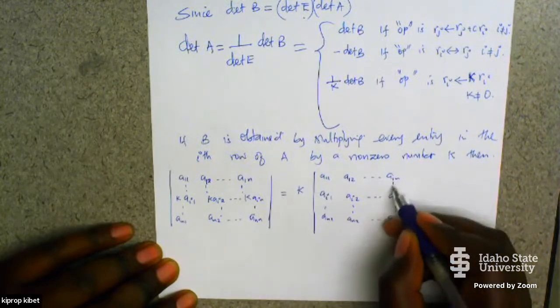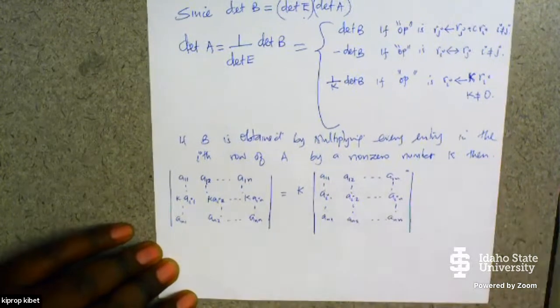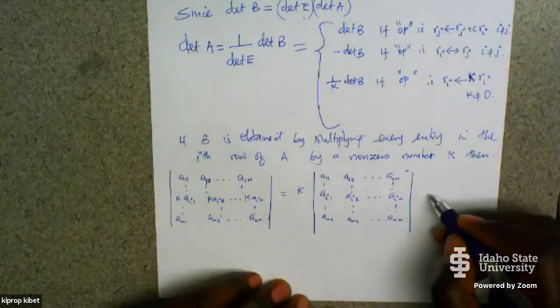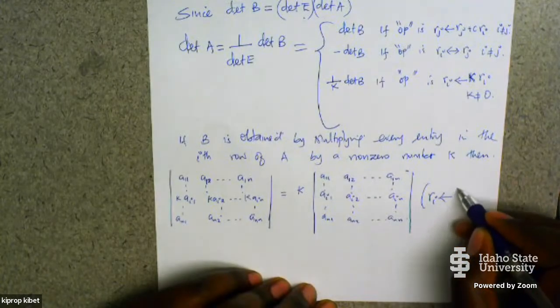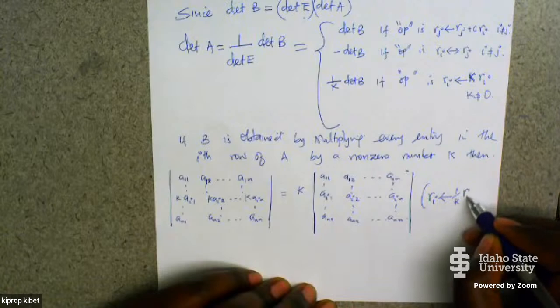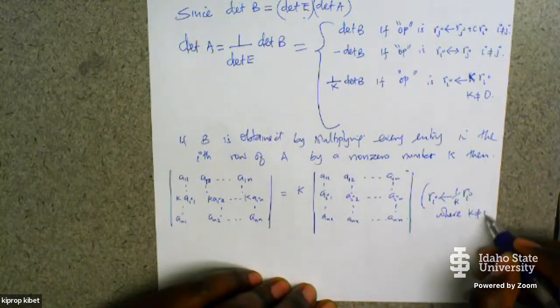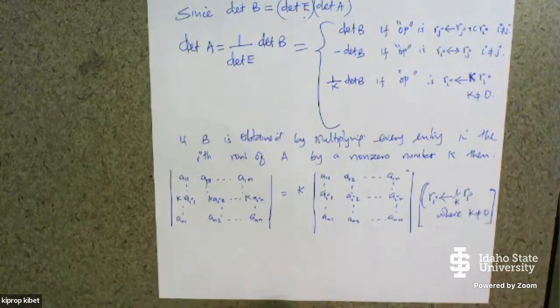So it is basically similar to that, where in this case Ri is replaced by 1 over K times Ri, where K is not equal to 0.